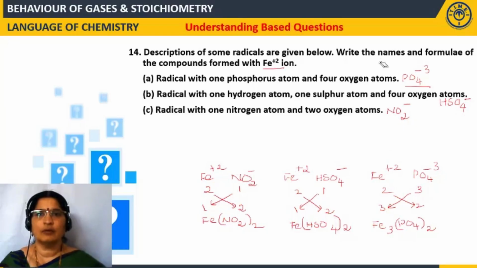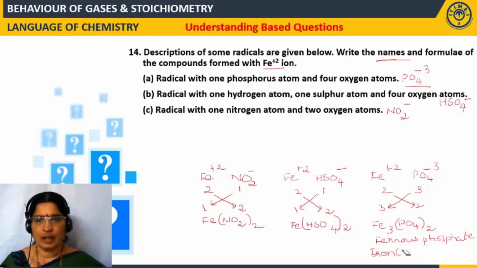We have written the formulae. Names also we have to write, not only formulae. So what is the name of this? It is ferrous ion. So for all of them we get ferrous in the first part. Then phosphate. This is ferrous phosphate, or you can also write it in another way, that is iron(II) phosphate.